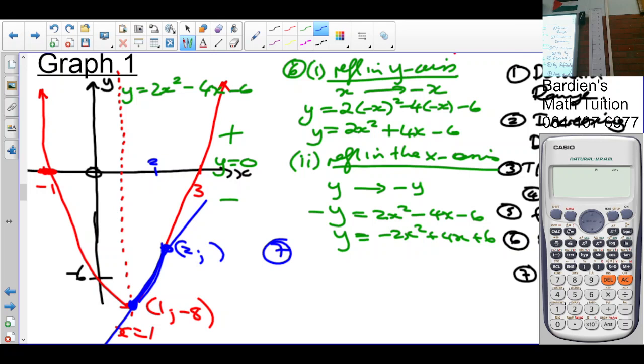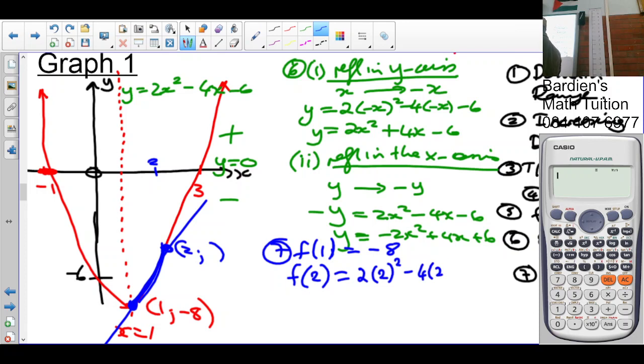You guys understand? So what we do is we work out what f of 1 is. We know what f of 1 is because we worked with it already. It's going to be negative 8. Not so? What is f of 2? Wherever we see an x, we put a 2. So it's 2 times 2 squared minus 4 times 2 minus 6. Work that out.